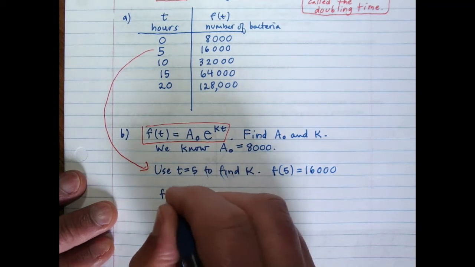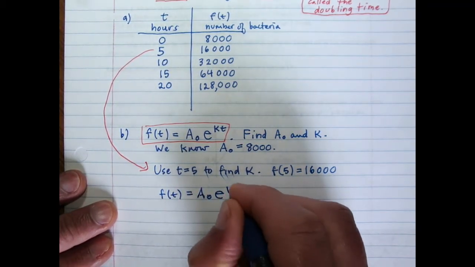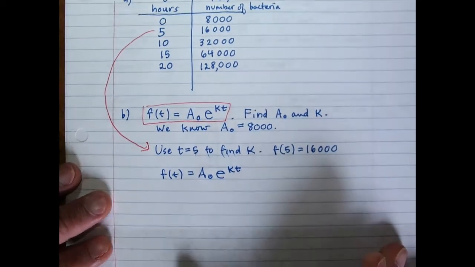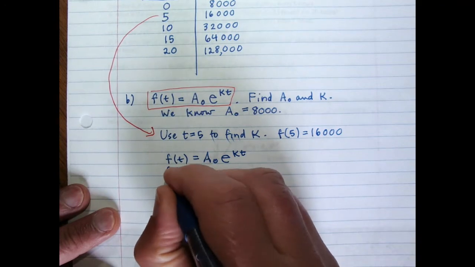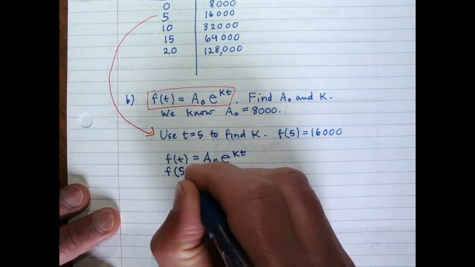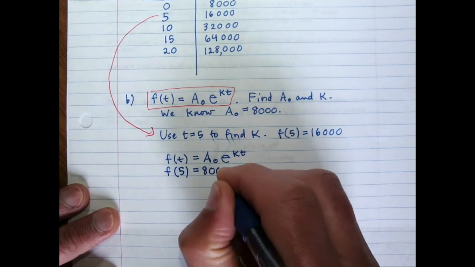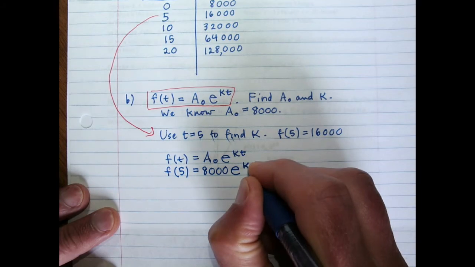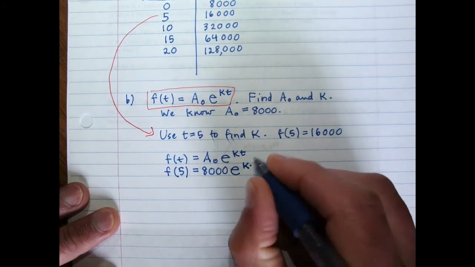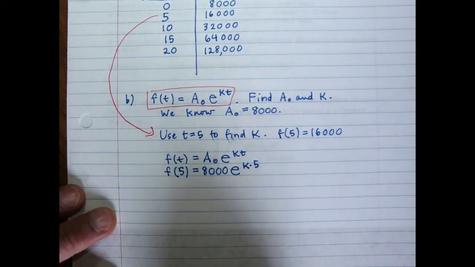F of t equals a0 e to the kt. So f of 5 is going to equal a0, which we already know is 8,000, times e to the k, which we don't know yet, times, instead of t, I'm going to write 5 because we're plugging in 5 for t.